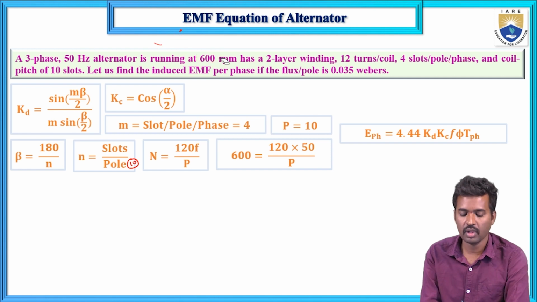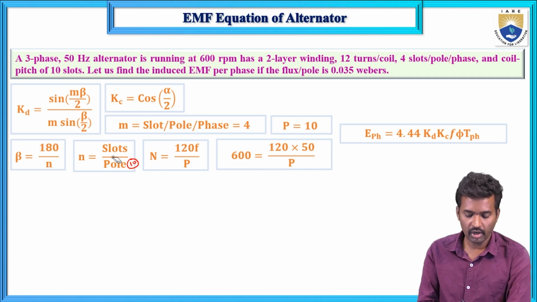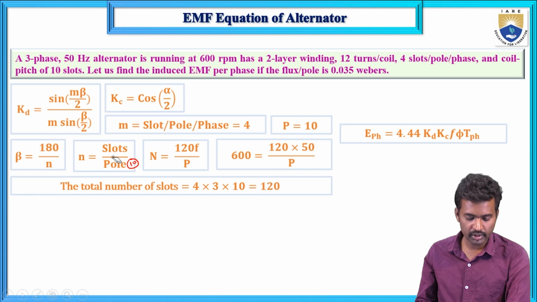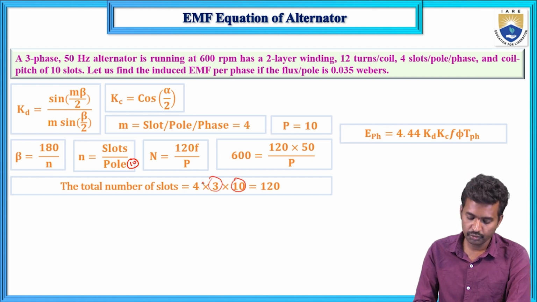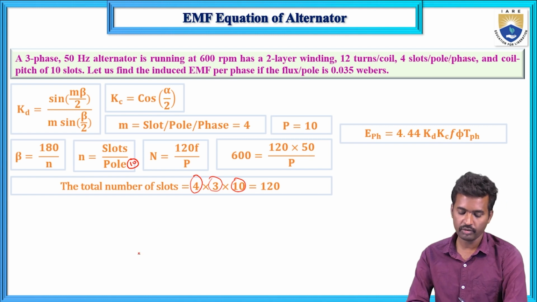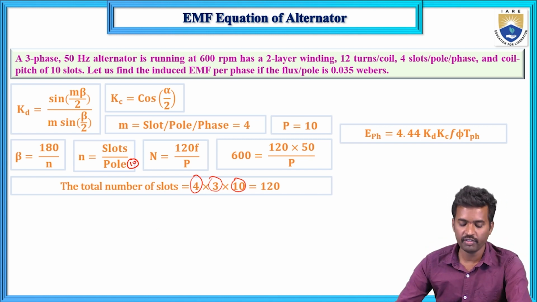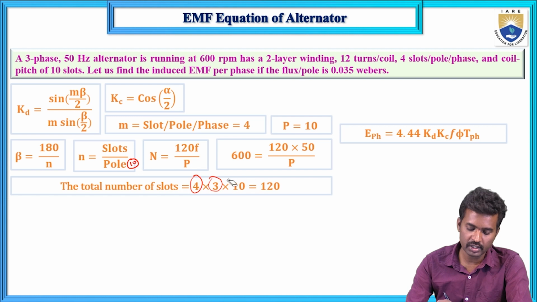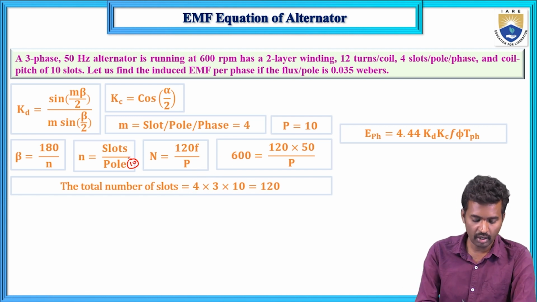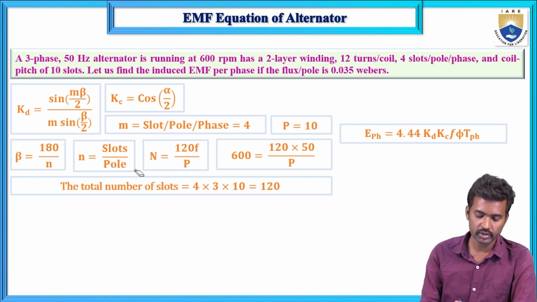And next, slots. How will we calculate the number of slots? Total number of slots equals 4, the slots per pole per phase, into the number of poles, which is 10, into the number of phases, which is 3. Now the total number of slots is 120 and the total number of poles is 10.